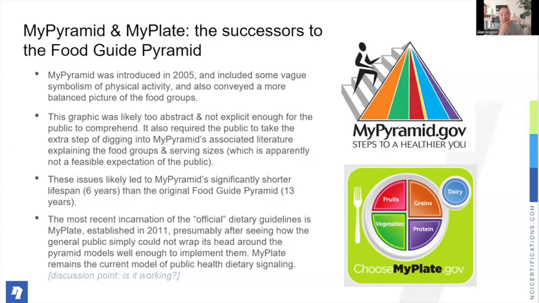Can we criticize it? Yeah, we can. Is it potentially better and more effective than the previous incarnations of the public health nutrition guidelines? Not necessarily. It was put out in 2011.